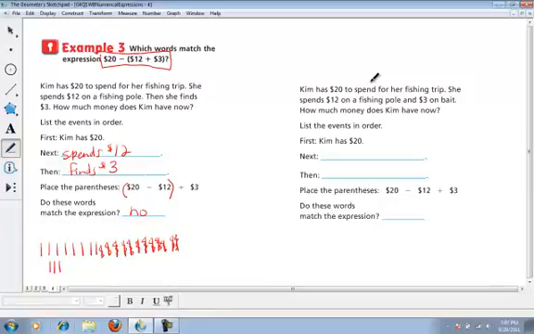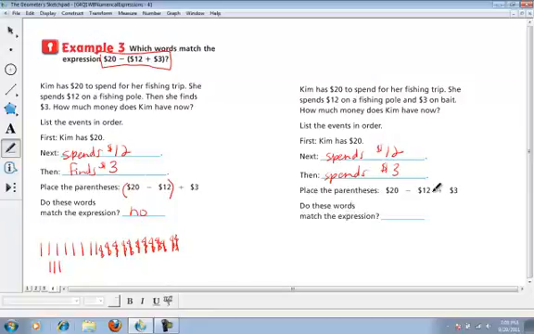Let's take a look at this one. Kim has $20 to spend for her fishing trip. She spends $12 on a fishing pole and $3 on bait. How much does Kim have now? Let's list the events in order. First, Kim has $20. Next, she spends $12. Then, she spends $3.